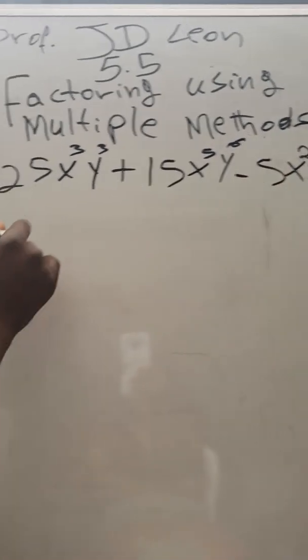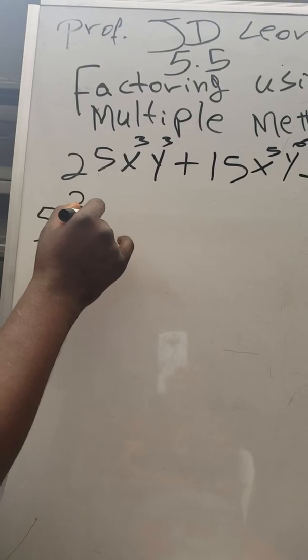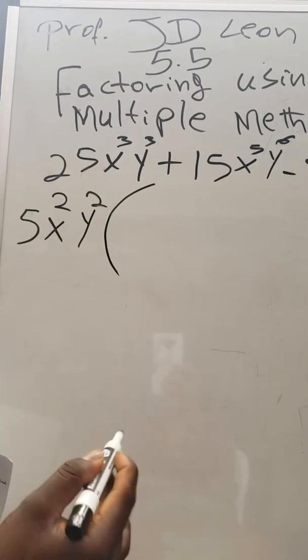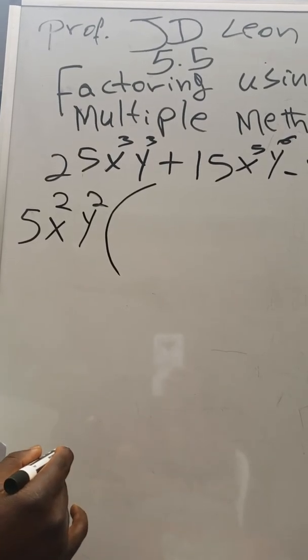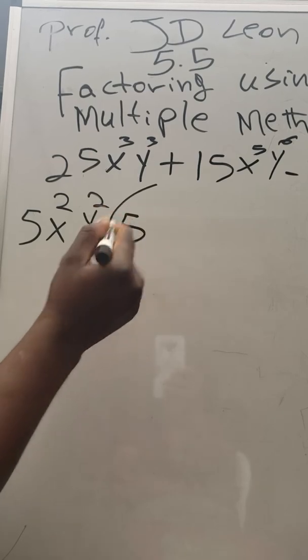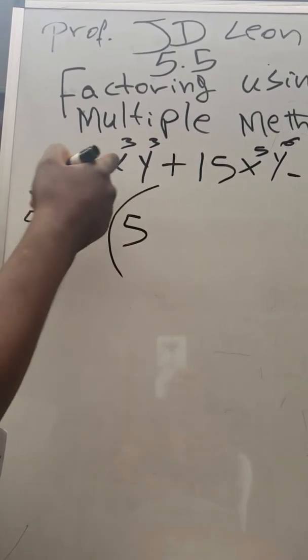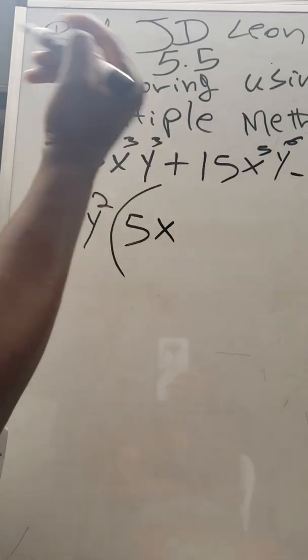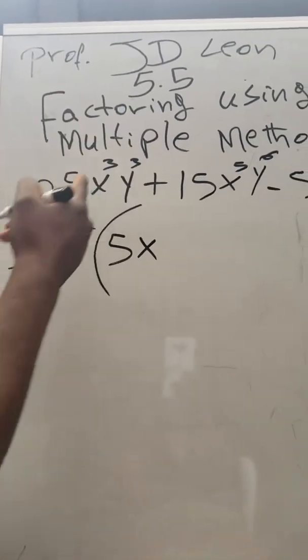So you would pull out the x squared, pull out the y squared, and then open your parentheses. 25 divided by 5 would be 5. x cubed divided by x squared would be just x, right? Because when you divide exponents, you subtract.